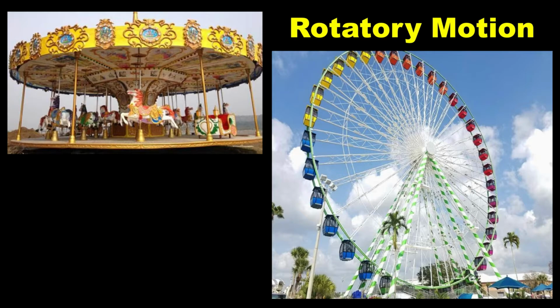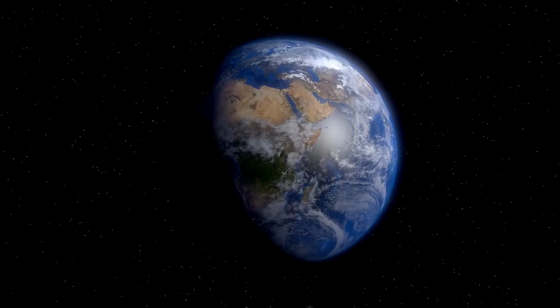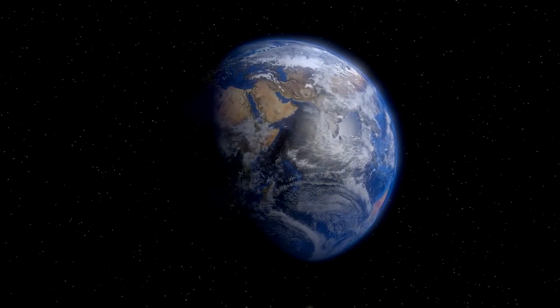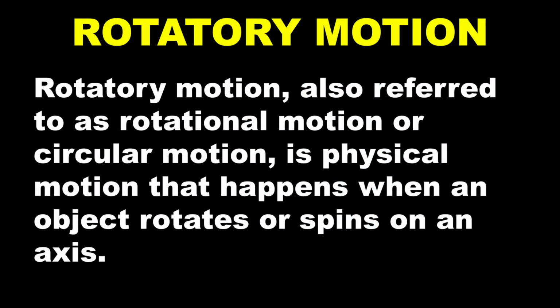So spinning top जो लट्टू होता है, this all moves on one particular axis, that is its center. Or the common thing everybody knows, the spinning of the earth on its own axis is said to be rotatory motion. So any type of motion or movement, when it moves on a particular axis, children, is said to be rotatory motion.